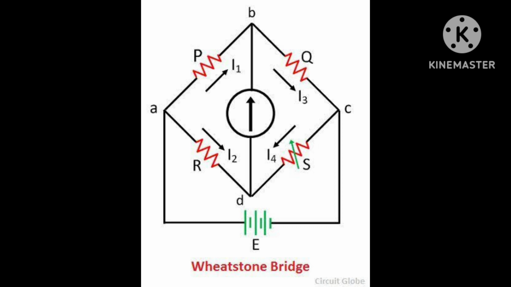But if it is balanced, then no current will pass through the detector. In this situation, you will put a headphone, then in the beginning some sound will come. Actually it is a wire, I told you, a wire on a long wooden board.